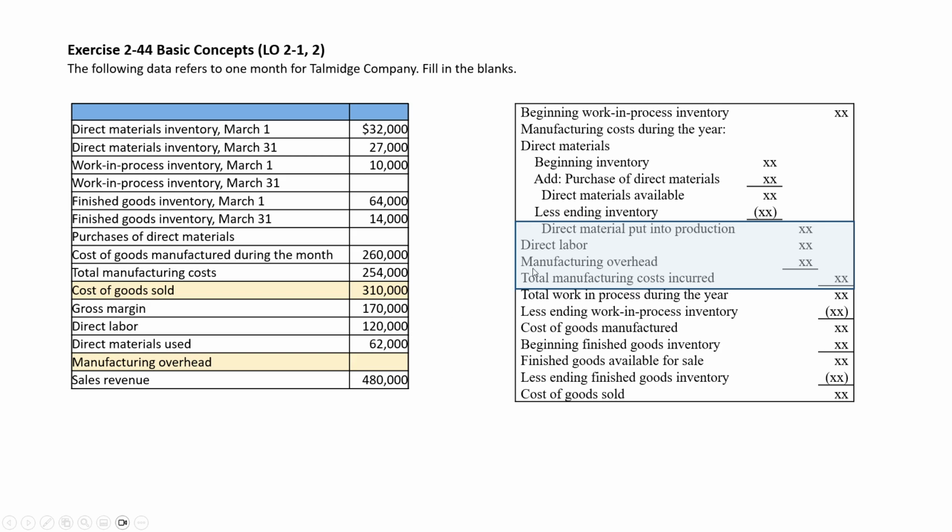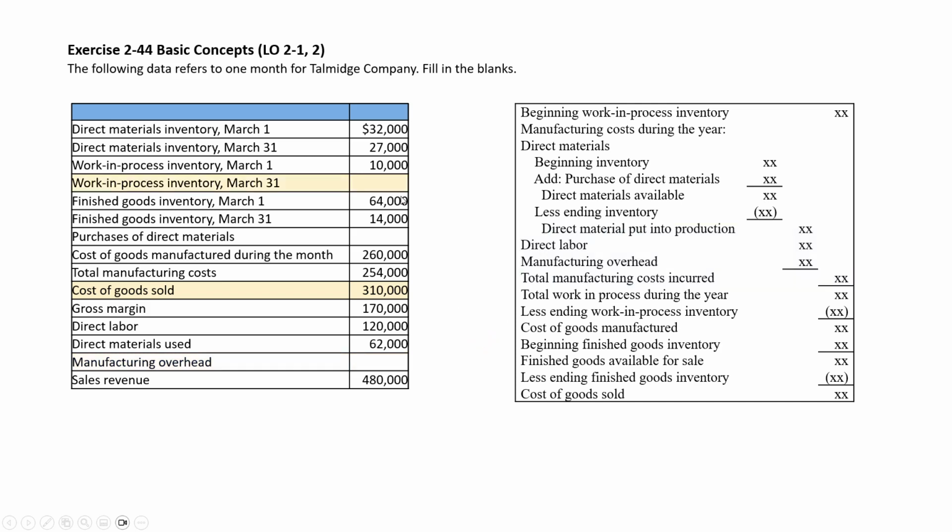If I add to that manufacturing overhead, which is unknown at this point, it gives me total manufacturing cost incurred. Since I also know total manufacturing cost incurred of 254,000, again, I know three of the four things: direct material put into production, direct labor, and total manufacturing costs. I can back into manufacturing overhead.